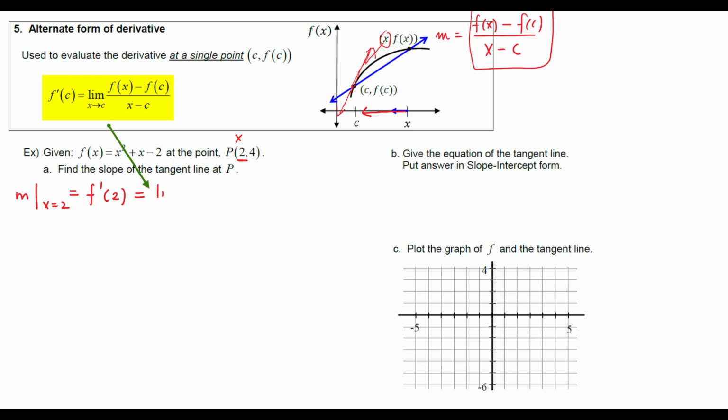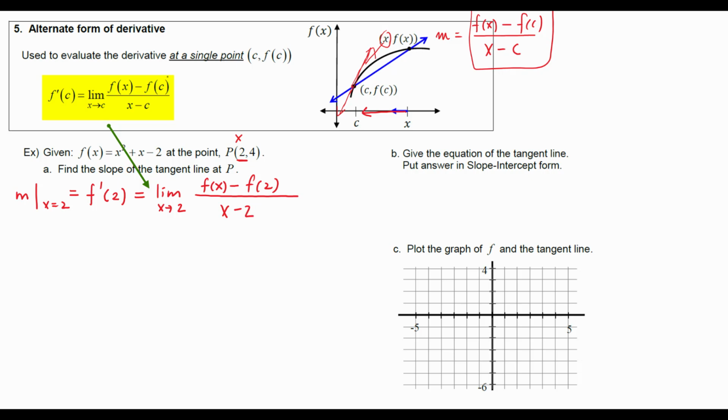That will be the limit. Right now our c is 2. So the limit as x approaches 2 of f of x minus f of 2 over x minus 2.